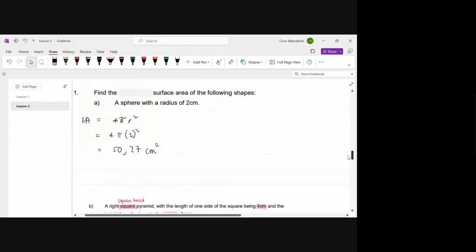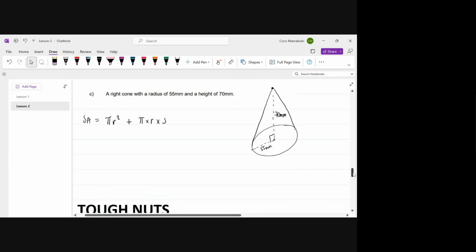Because we need to calculate the slant height, we can take this part out and draw it as a right angled triangle. This side is 70. This side is 55. And we now need to find the slant height. Find the slant height for me, please, grade 10s.